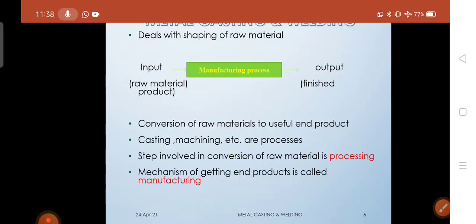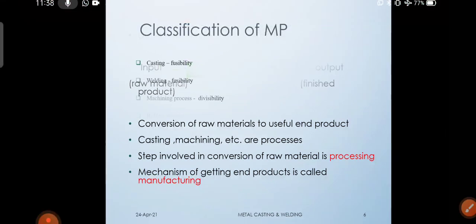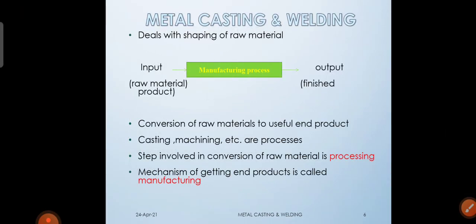In the slide you can see we are giving a raw material to the casting process, and we are able to get finished goods.